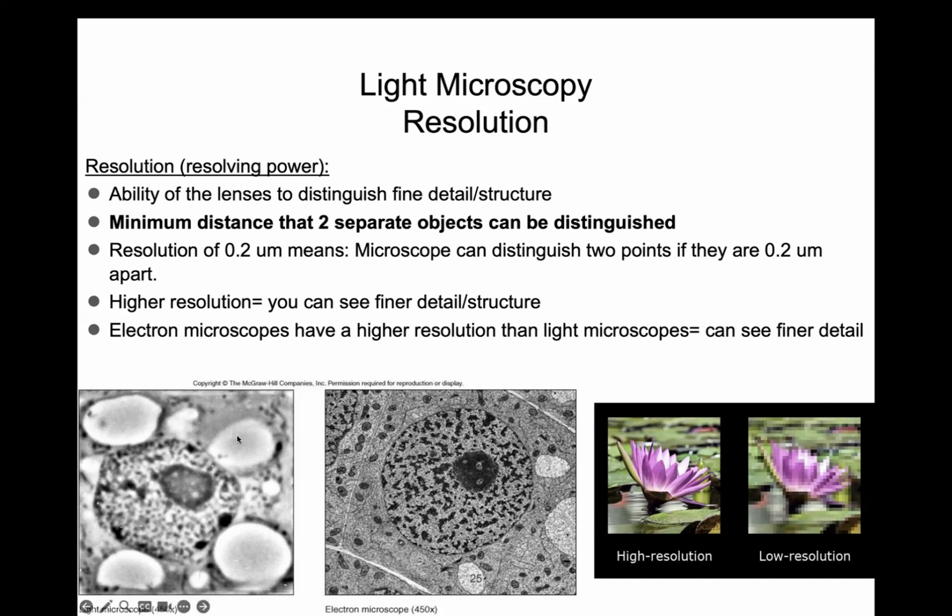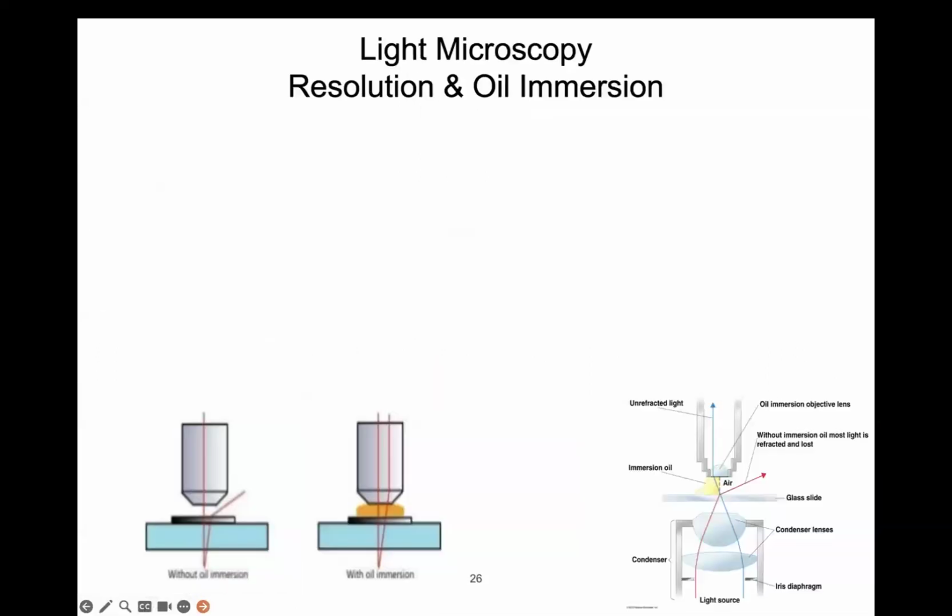So if we have this image, and this is supposed to be the same thing, this image was taken with a light microscope, and this one was taken with an electron microscope. And if I ask you which one has higher resolution, meaning it's clearer, it's the electron microscope. You also get better resolution when you use oil on the 100x objective. So let's talk about that.